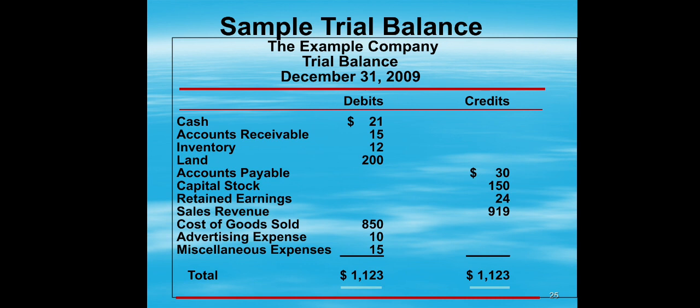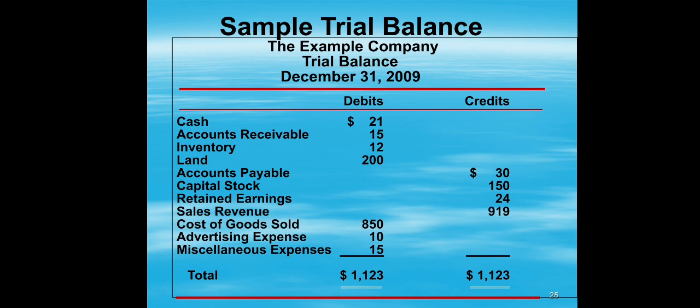Like this example, the total in the debit side is 1,123. The total in the credit side is also 1,123. If you see the total in the debit side equal to the total in the credit side, then most of the time it shows that the recording process that you have done in step 1, step 2 and step 3 are correct.